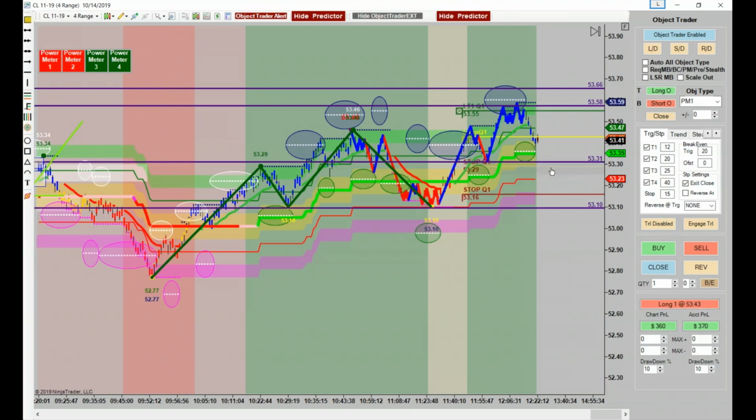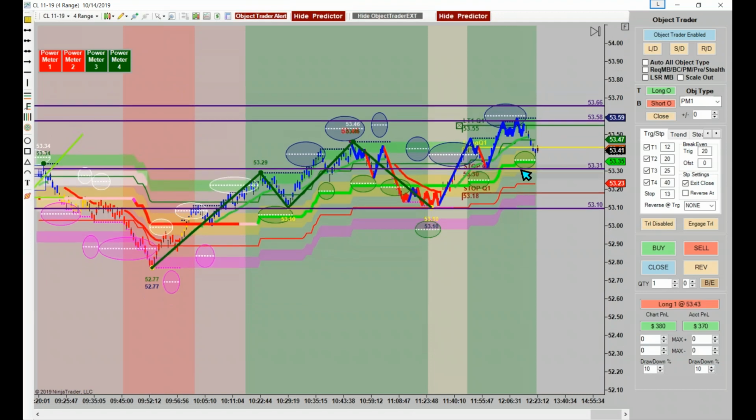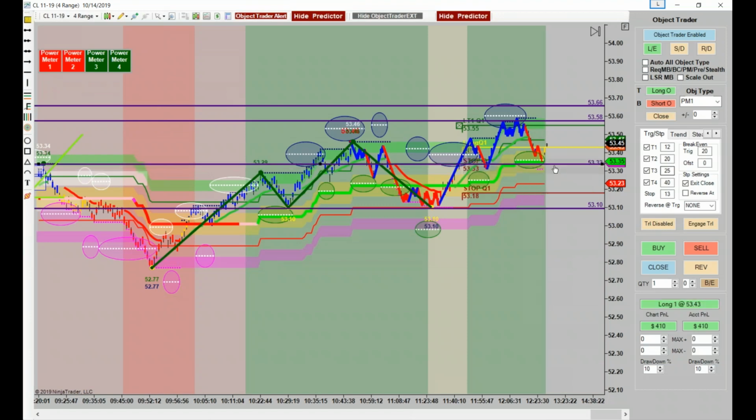I'm going to go ahead and take it. Stops just underneath the swing, exit on close. Going to add one if lightning goes green. Put my stop right underneath the swing.